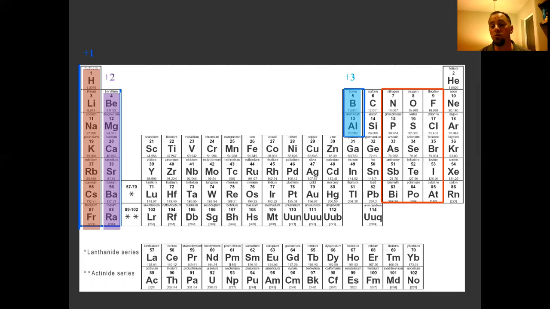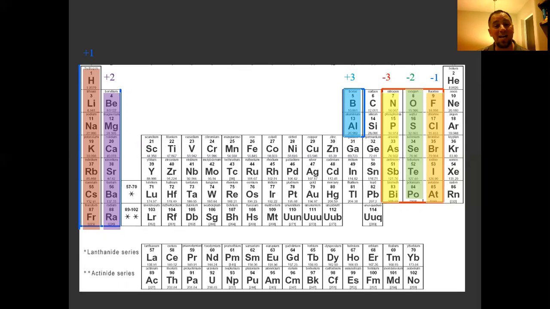Boron and aluminum have a +3 charge. And then we work back the other way. -3 charge for group 5A. Group 6A has a -2 charge, and the halogens then have a -1 charge.